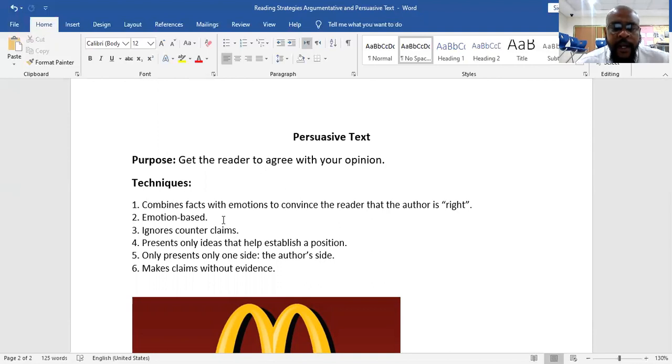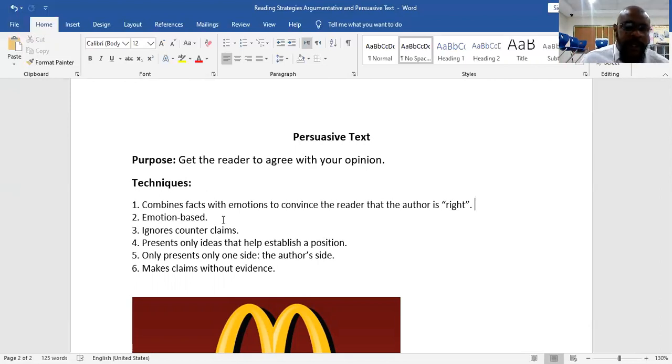Number three, ignores counterclaims. So what a persuasive text will do is focus only on their position and tell you why their position is good, and why they are the ones that you should agree with and whose side you should be on. Not telling you that there are other opinions or other points of view.